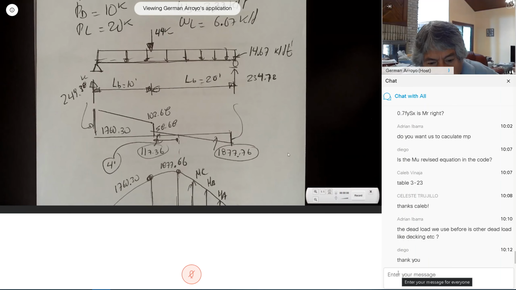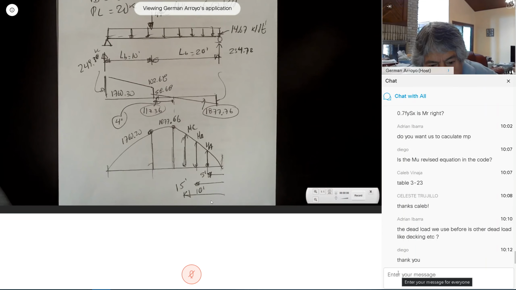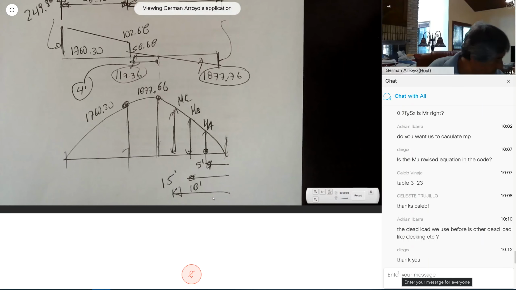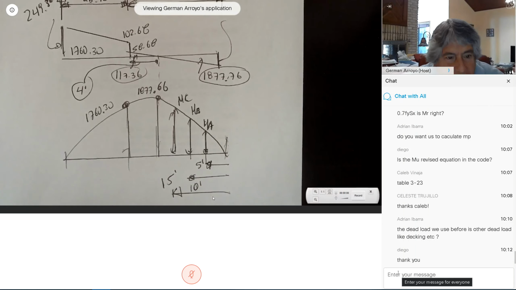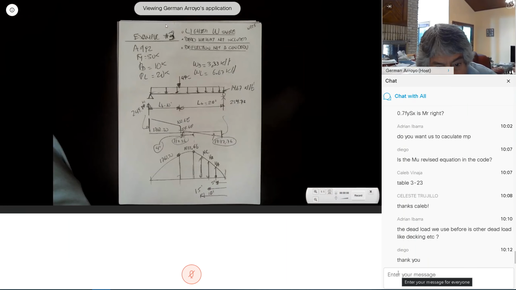So if you look at embrace length 20, one quarter is 5, one half 10, three quarters 15. The embrace length goes all the way from here to here.